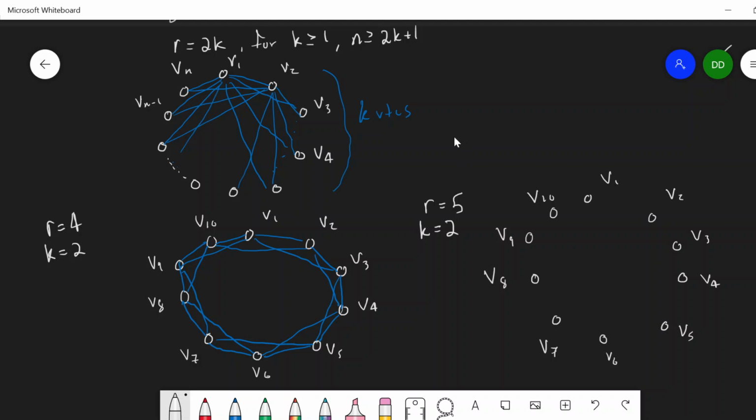As well, we're going to make Vi adjacent to the extra one that we add, Vi plus L. So what's our L here? If we look at the proof, L is half the number of vertices. So here our L would be 5. That means V1 is also going to be adjacent to V6.